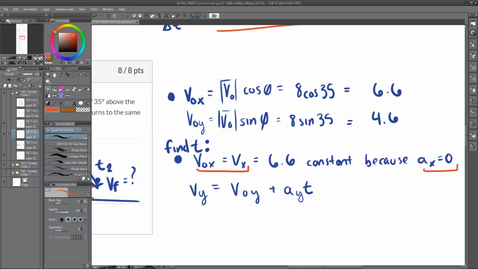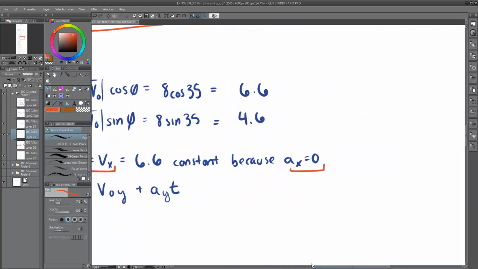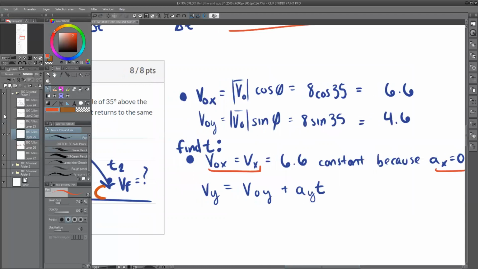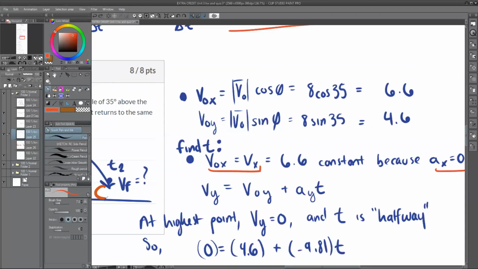What we're going to mess with is the y component. So we know the value of Voy, and we know the value of acceleration of y, and we can plug in for what the velocity would be at the highest point. So Vy at the highest point is equal to 0.